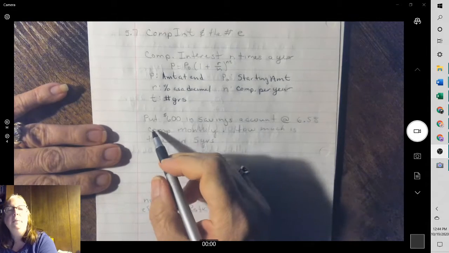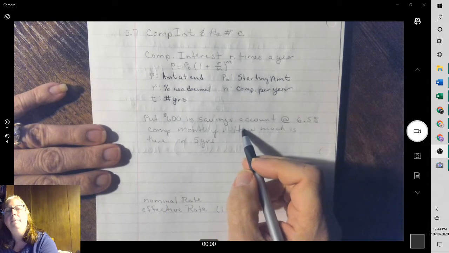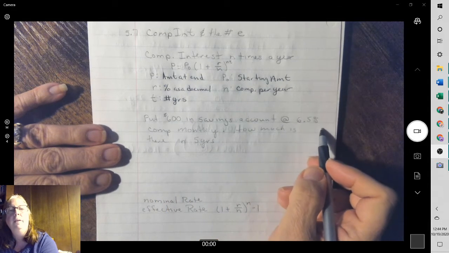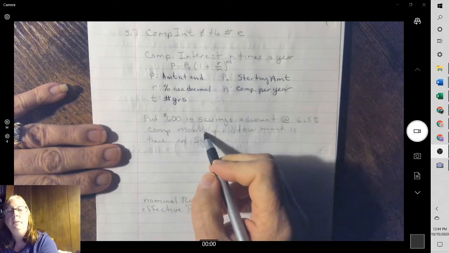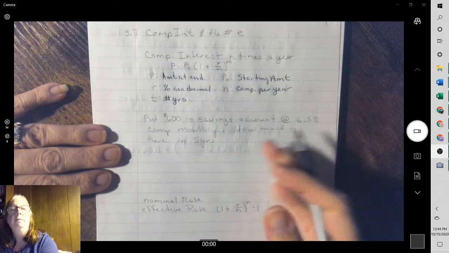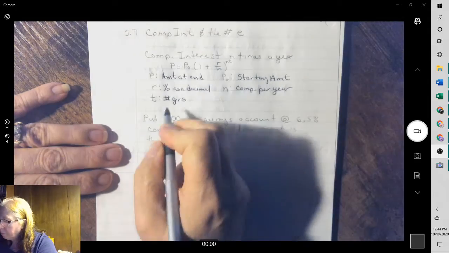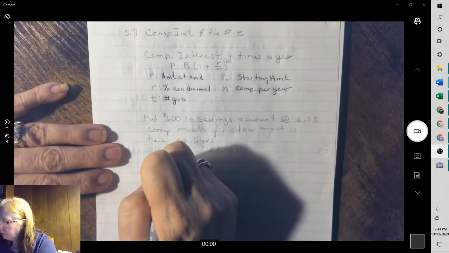So if we put $600 in a savings account at 6.5% compounded monthly, how much is there in 5 years? So we want to know how much there is at the end.